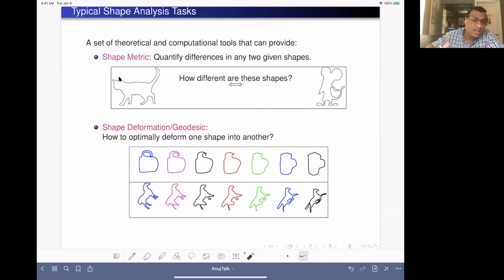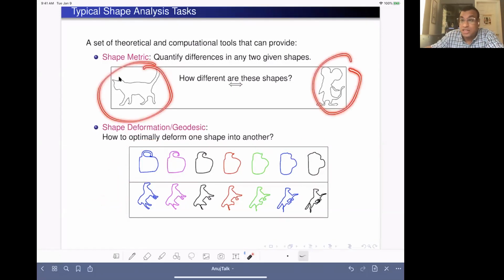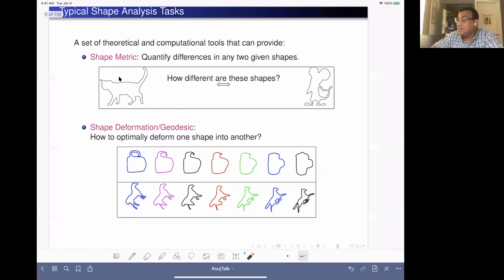There are lots and lots of methods in shape analysis, but this is one of the limitations that stops a lot of these methods from being practical. One can come up with some quantification of how different two shapes are, but how to deform one shape into the other in the most efficient fashion under that same metric is a difficult task. So this is something that we need.